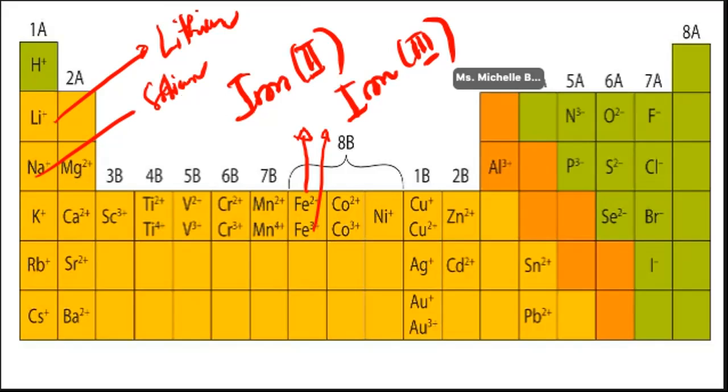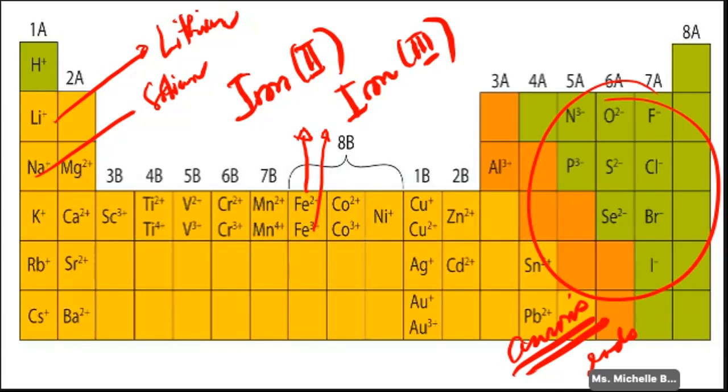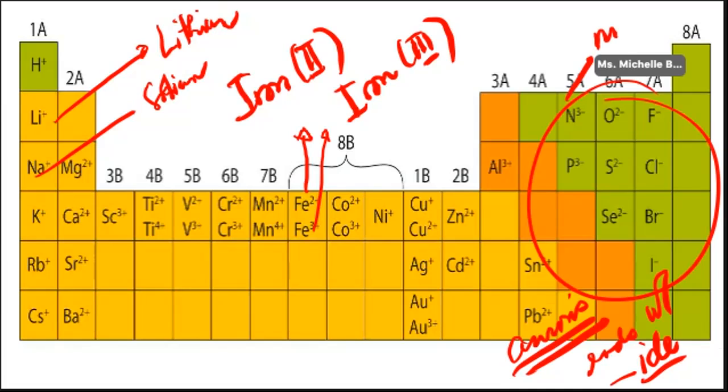Okay, iron 3. Now, what about if these are anions? How do we name an anion? An anion ends with IDE. So this is nitride.